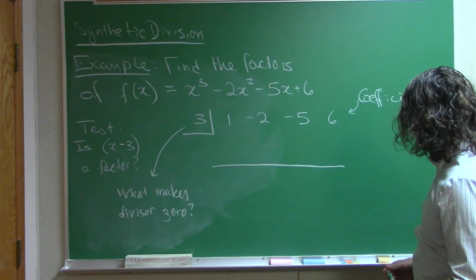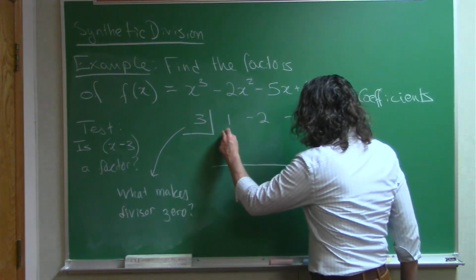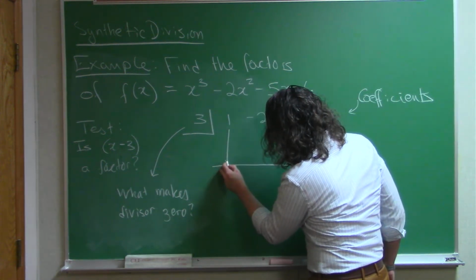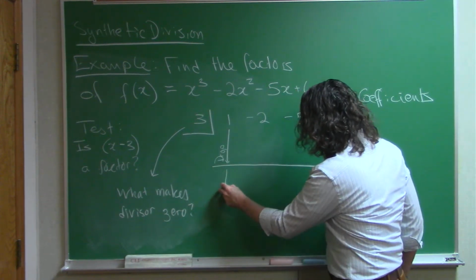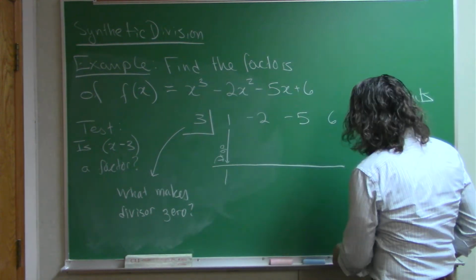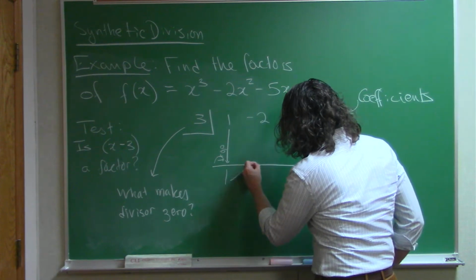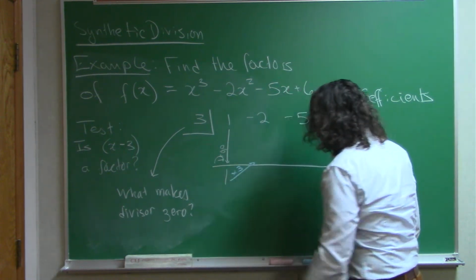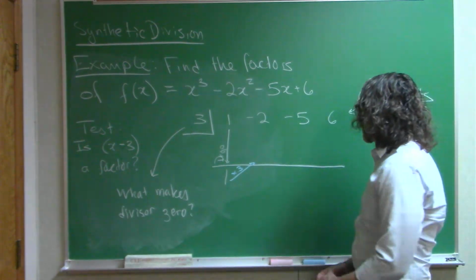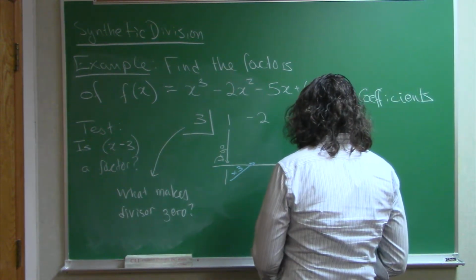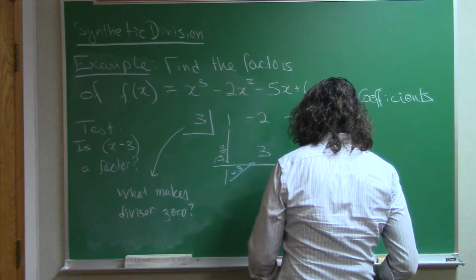Okay. So here's how we start the synthetic division process. Whatever is here, drop it down. And then multiply by 3. Why? Because 3 is in our notch. So that tells me what to write here. It's a 3.